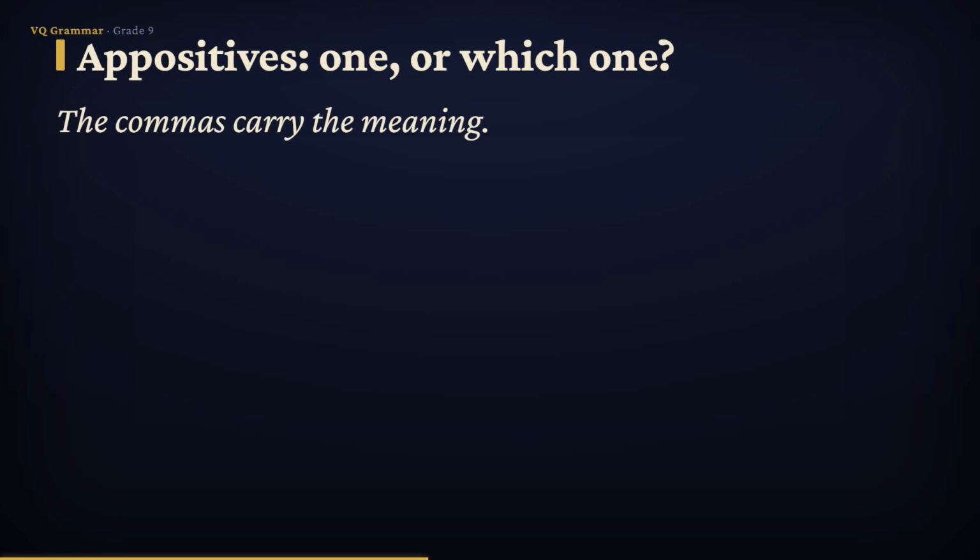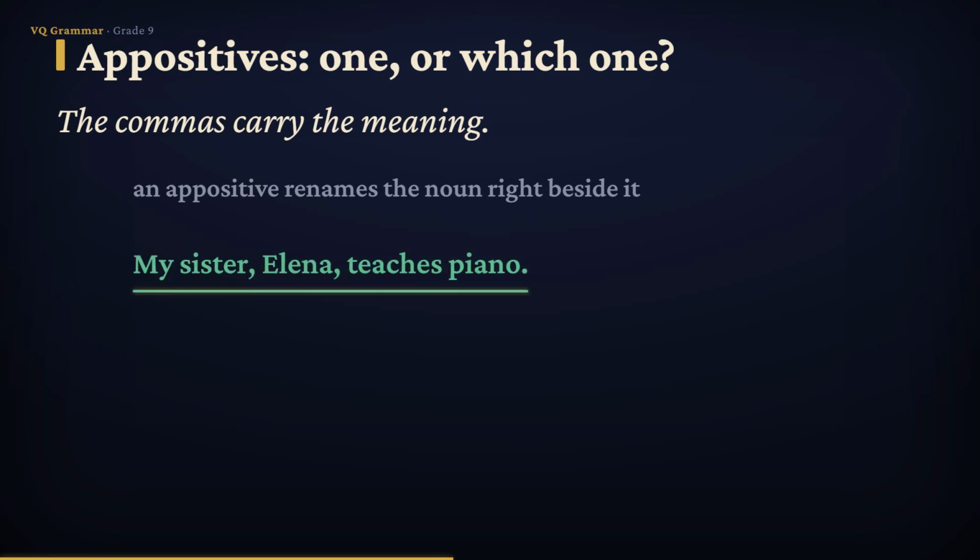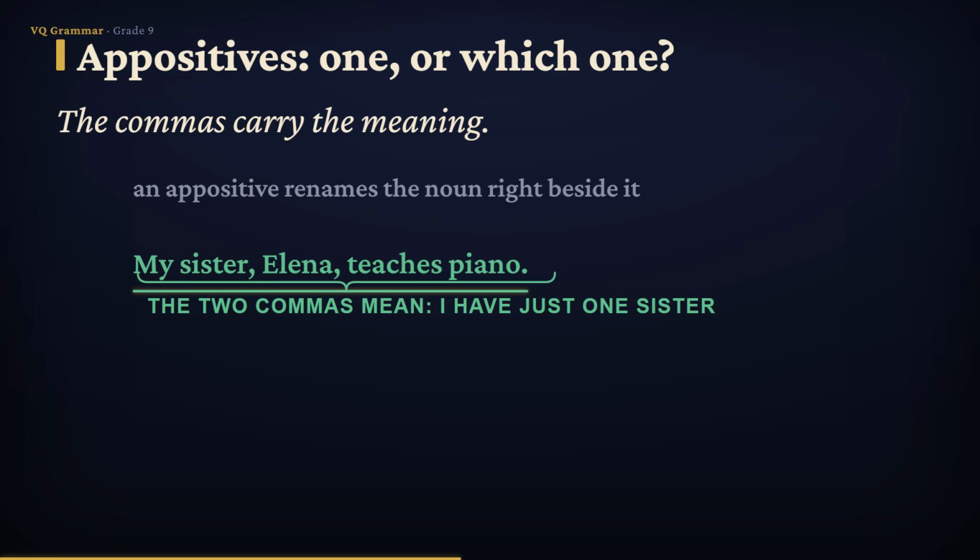Now for a case where the commas carry real meaning. Appositives. An appositive is a noun that renames the noun right beside it. Look at these twins. First, my sister, Elena, teaches piano, with commas. Those two commas quietly tell you I have only one sister, and Elena is simply her name.